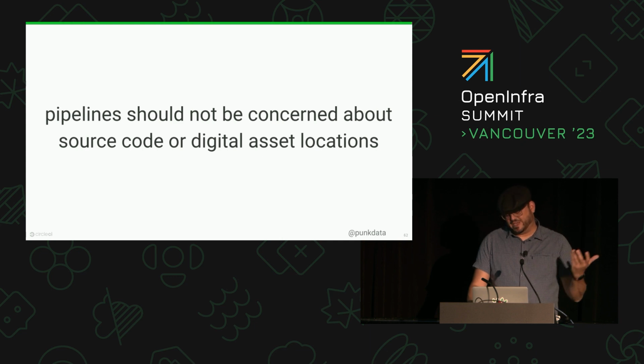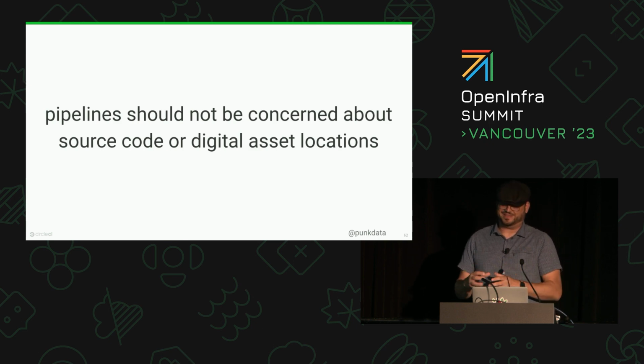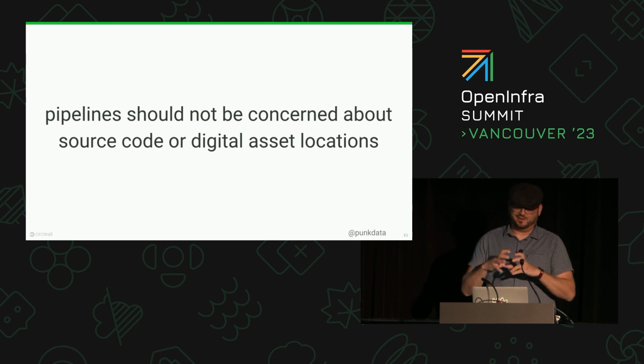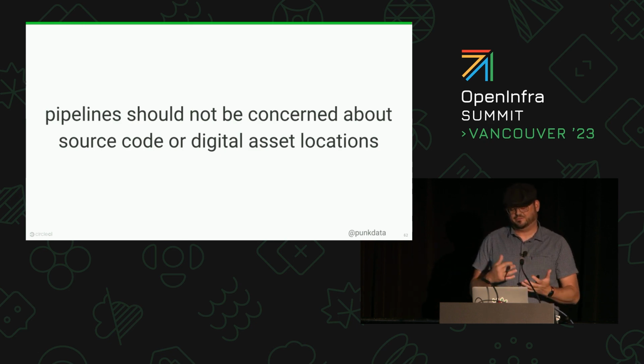And one of my other pieces of advice is your pipeline should not be concerned about source code or digital asset locations, right? So again, going a deeper dive into decomposing the monoliths. I don't think we're going deep enough, and that's what I'm trying to say here.